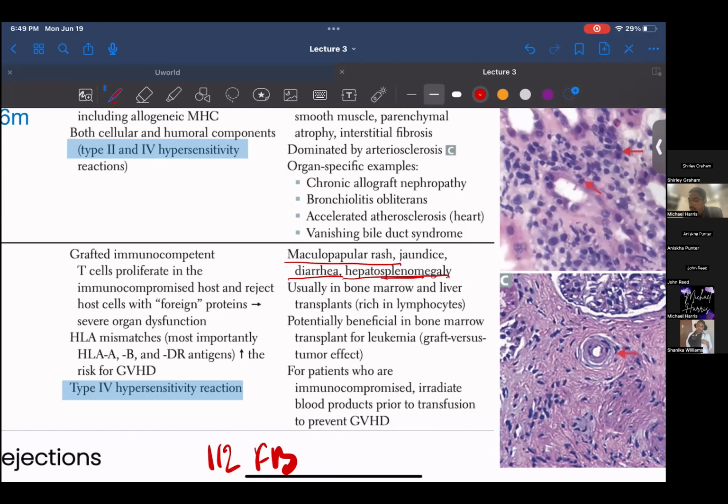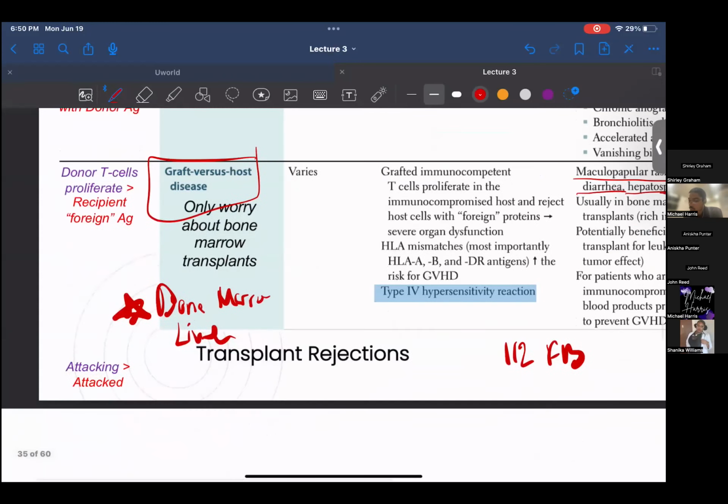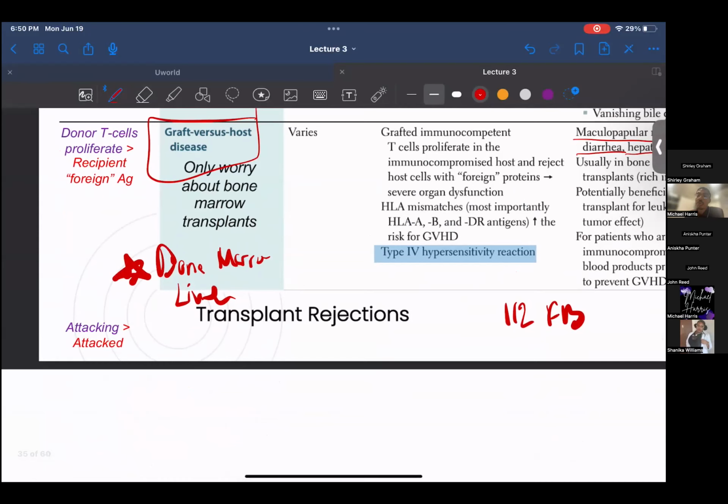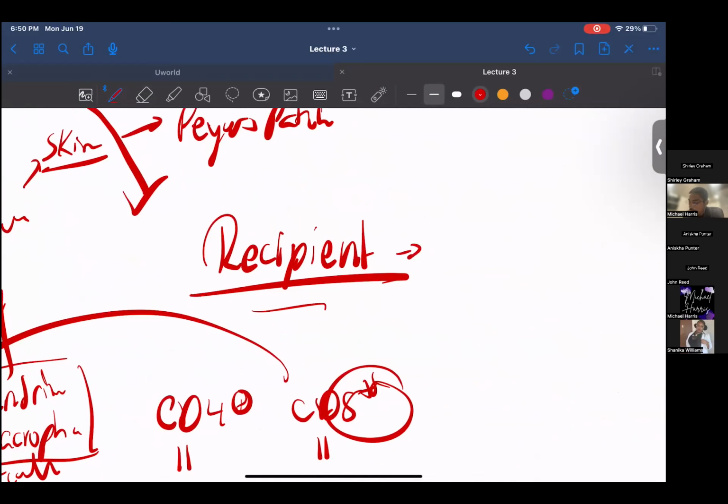Okay, now the only way you present with this is if you get a bone marrow transplant or liver. More commonly than not, they give you an example of a bone marrow transplant. The reason why is because when you do bone marrow transplants, you completely eradicate the recipient's normal bone marrow.